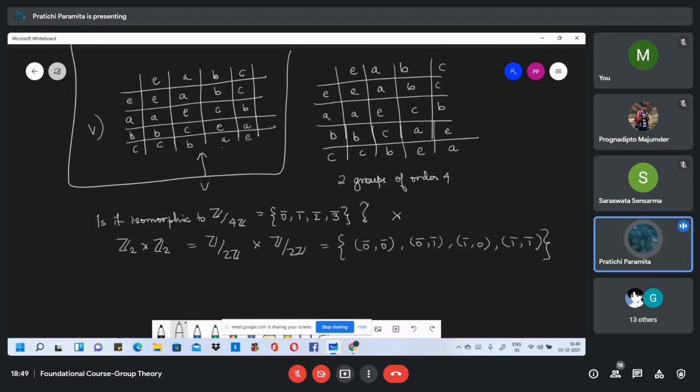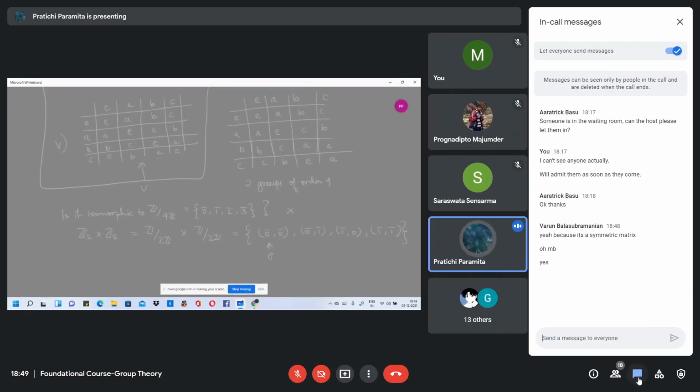Is it easy to see that it is isomorphic to this? Can I find a mapping? Yes, so E will go to this, then A, B, C are these 3 elements.